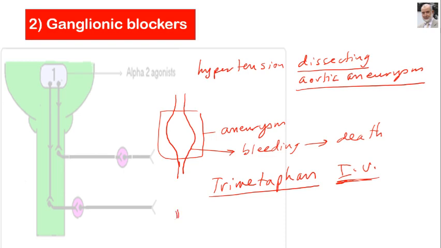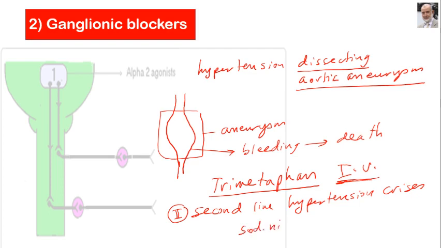A second use of trimethaphan, this is one indication, in dissecting aortic aneurysm accompanied by hypertension. Second, it is the second line in treatment of hypertensive crisis, where there is no first choice. The first choice in this case is sodium nitroprusside.